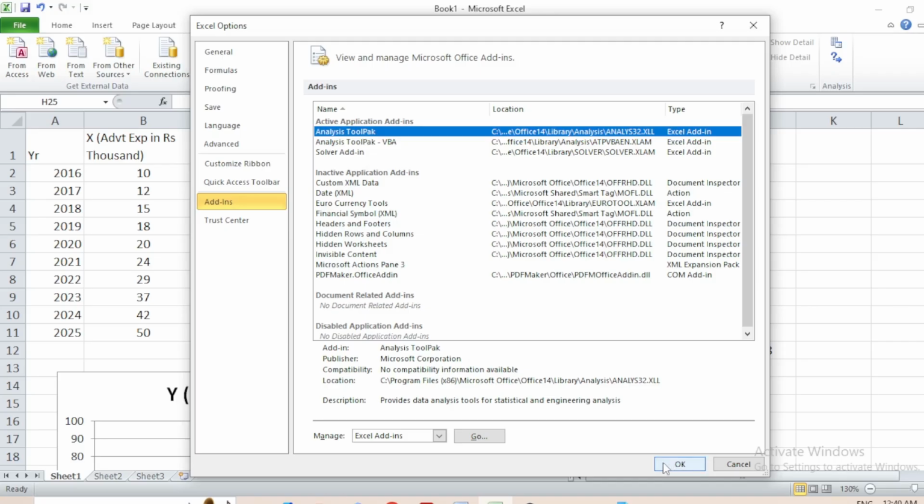Now remember, in my case the data analysis tool pack is already installed, so I do not press the OK. But when you press OK, it shows in the data tab. You only have to add this data tool once. If it is installed, then whenever you open the Excel, this tab will show. So I will just cancel this thing.